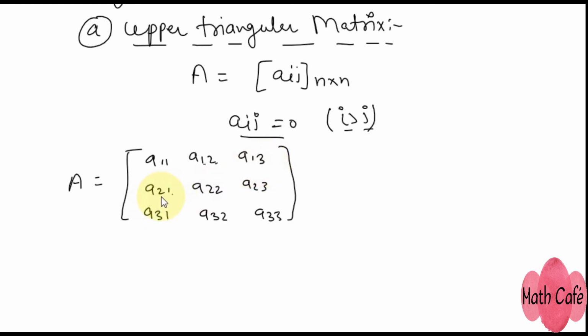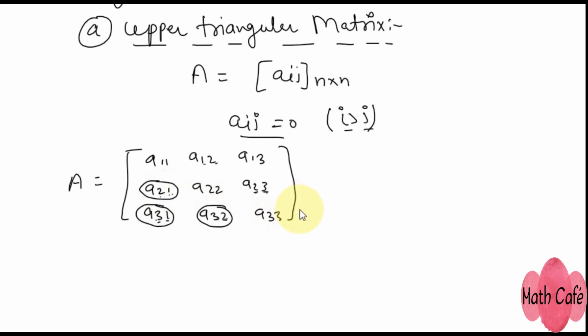In A21, i is greater than j, so this element should be 0. A22, i is equal to j; A23, 2 is less than 3, that means i is less than j, so that would be non-zero. In A31, i is greater than j, that means this element should be 0 if this is an upper triangular matrix. A32, i is greater than j, so this should be 0. And A33, i is equal to j, so this cannot be 0.